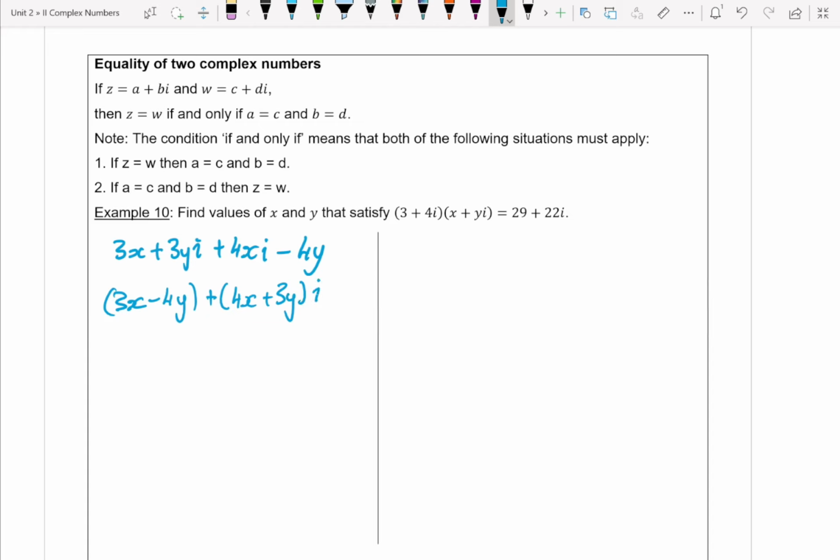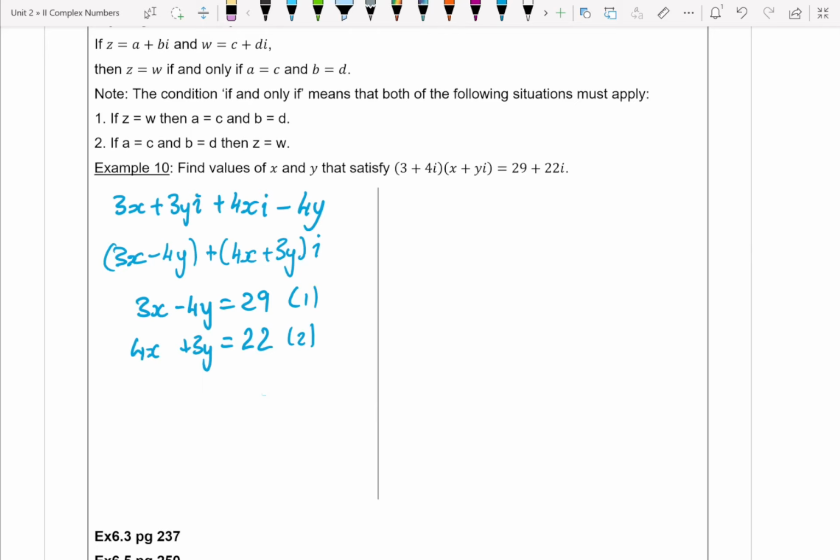So we want to satisfy 3x take 4y is equal to our real component, which is 29, and we also want to satisfy 4x plus 3y is equal to, so I'm going to multiply equation 1 by 3. That's going to give me 9x minus 12y is equal to 87. And I'm going to multiply equation 2 by 4. That's going to give me 16x plus 12y is equal to 88.